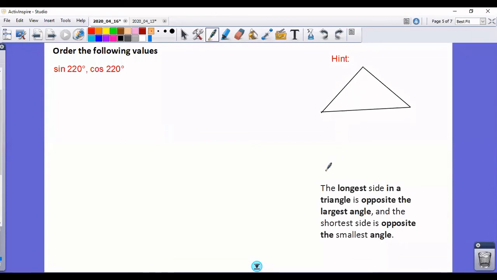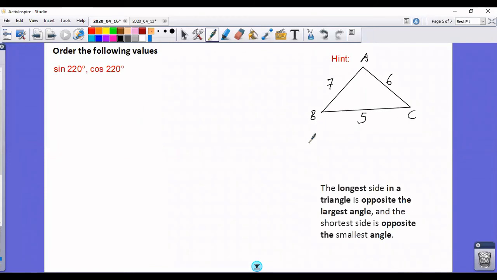So the longest side in a triangle is opposite the largest angle, and the shortest side is opposite the smallest angle. Let me explain what that means. Let's say this is a scalene triangle. That means the lengths of the sides are different. So let's say this is 7 units, this is 6 units, and this is 5 units. So this is our triangle ABC.